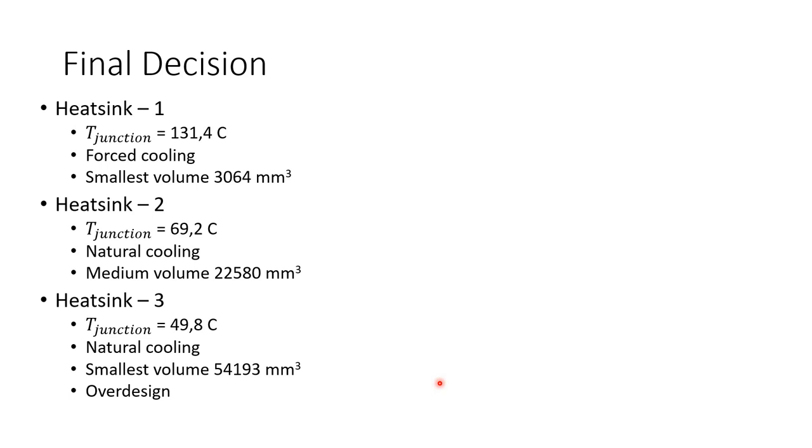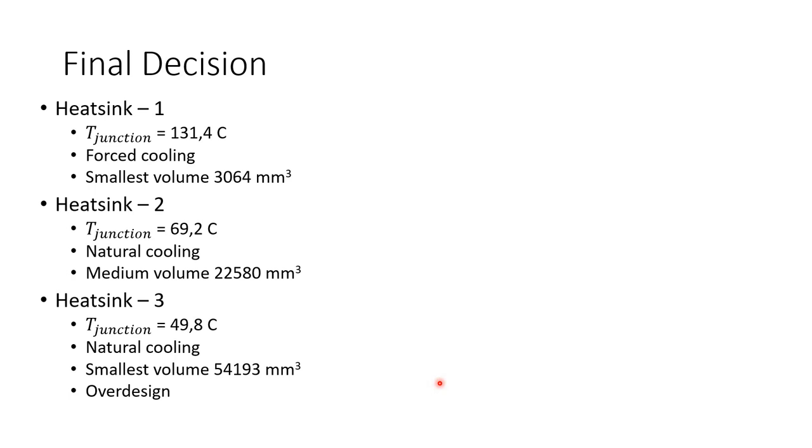The final decision on the heatsinks is as follows. If we use the first heatsink, the junction temperature of the MOSFET will be around 130 Celsius. If you want to reduce this temperature below 100 Celsius, we should use forced cooling. This heatsink has the smallest volume compared to the other two heatsinks.